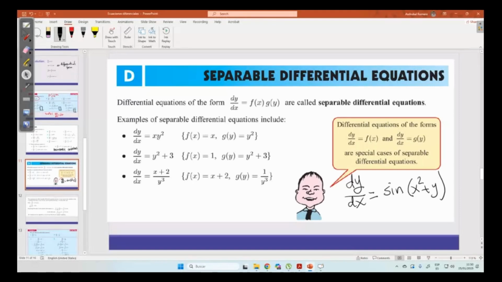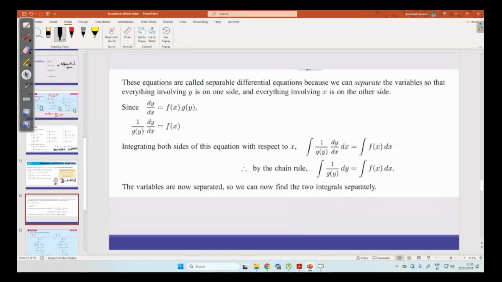Okay? Not separable. But what happens when they are separable? That you can do this. When they are separable, you are going to take the y to one side and the x to the other side.